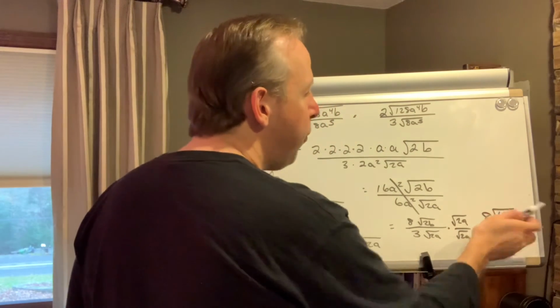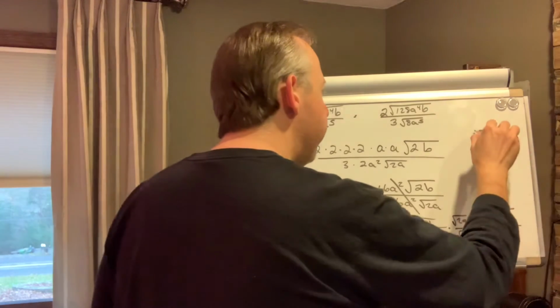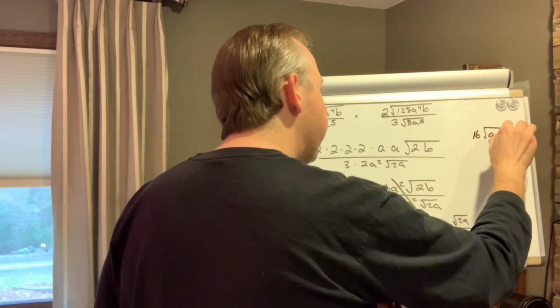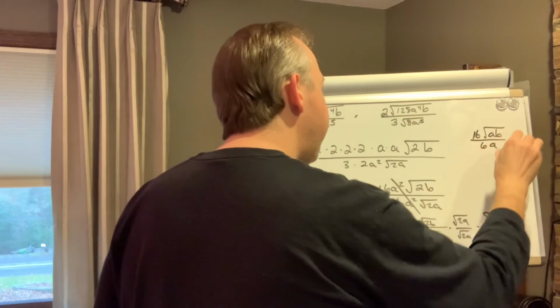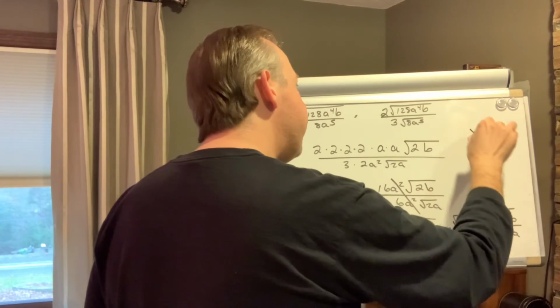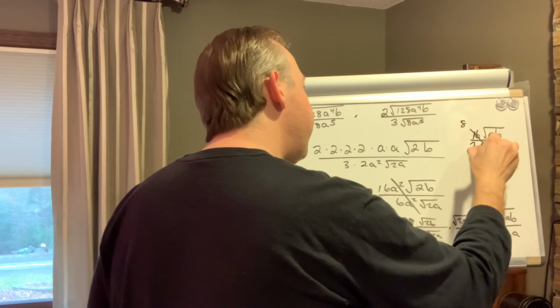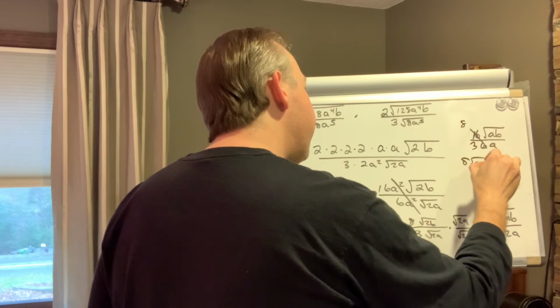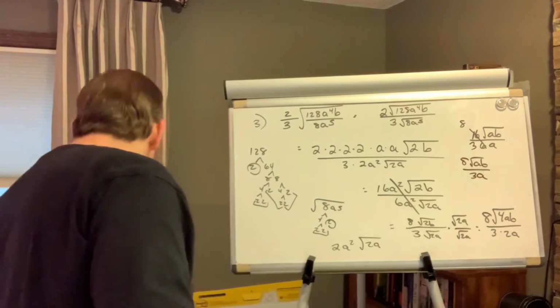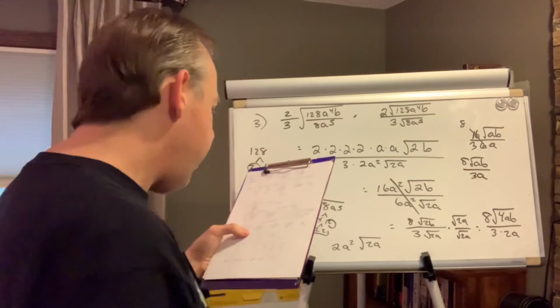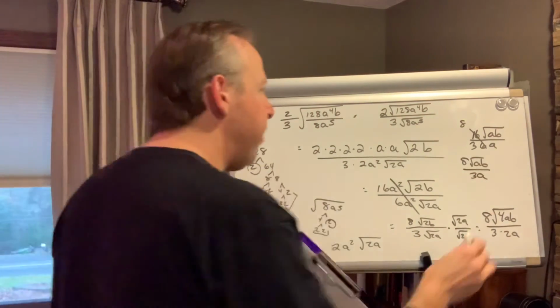Again, 4 is a perfect square, comes out as 2. 16 radical ab. 3 times 2 is 6a. Again, the 16 and the 6 reduce as an 8 and a 3. 8 radical ab over 3a. Pretty sure that's the end of it. Yep, it is answer choice A.